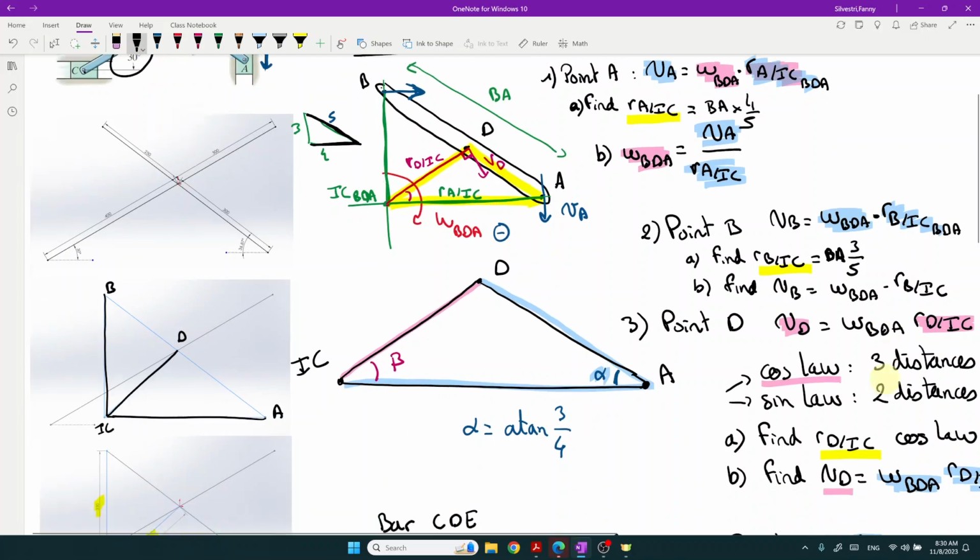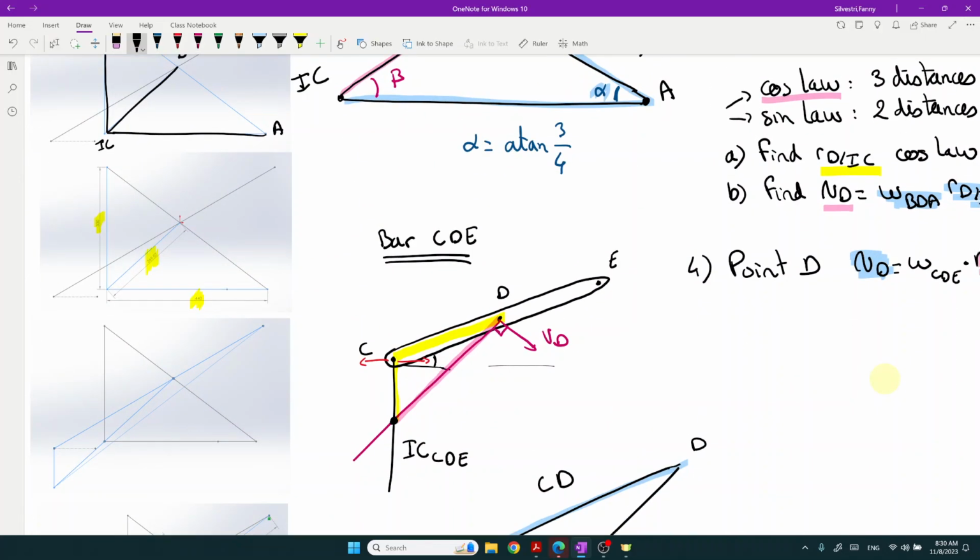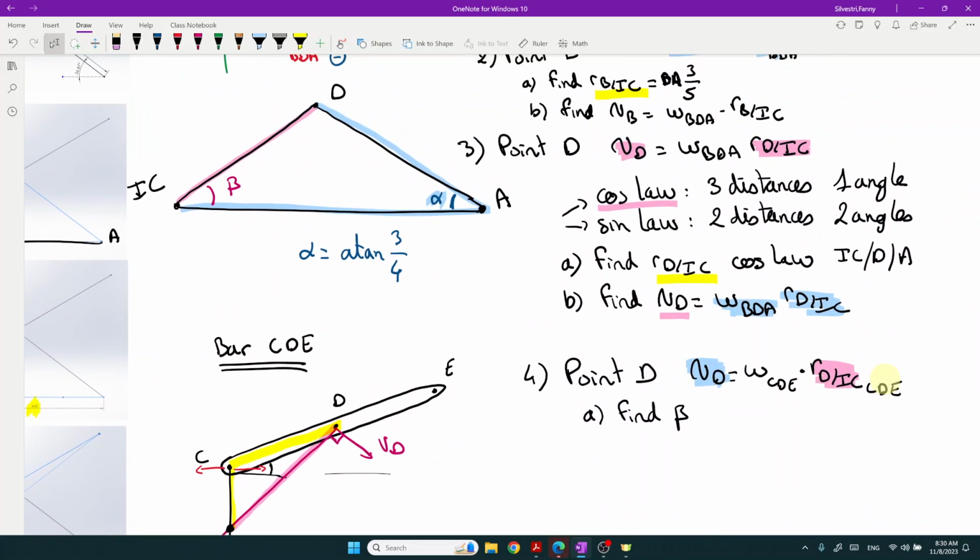So here, step number one, let's call that step A, is to find beta in this triangle, the triangle of the cosine law, the RC about IC of BDA. And to find this beta, we can use the sine law.